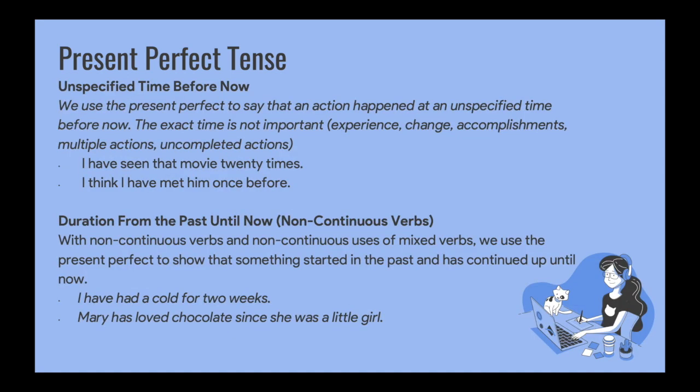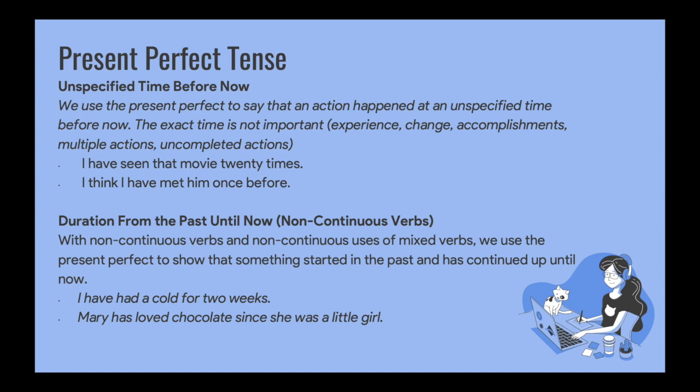And then, yeah, we use the present perfect to talk about an unspecified time before now, to say that an action happened at an unspecified time before now, and the exact time is not important. We'll talk about the experience change later. And then we can also use it to talk about duration from the past until now, especially with non-continuous verbs.